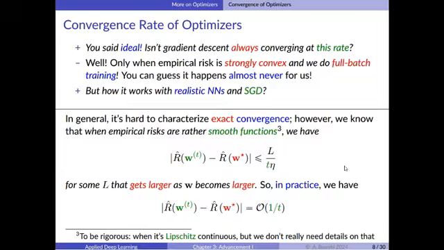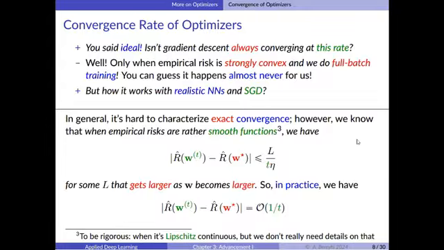So the optimality gap, which is R hat of w_t minus R hat of w star, would be less than or equal to L over T times eta. Eta was the learning rate.